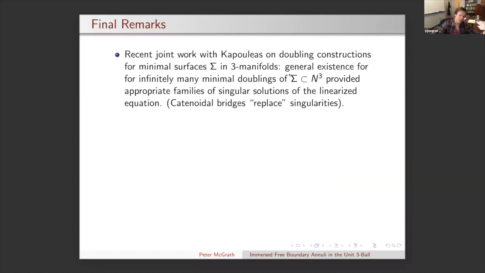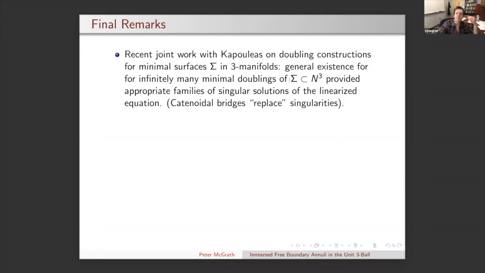What we did in this construction was a special case of a general methodology that, in work with Kapouleas, and that Kapouleas had started prior to working with me, we call doubling constructions for minimal surfaces. In these constructions, the philosophy is that one can take a minimal surface sigma, embedded or immersed in a three-manifold, and construct infinitely many embedded or immersed minimal surfaces that converge in the varifold sense to two copies of sigma.